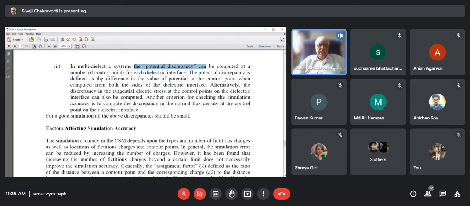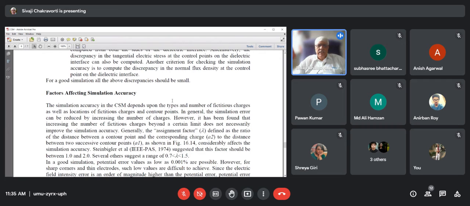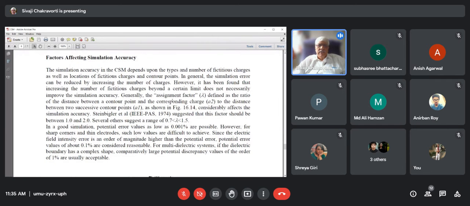After checking all of that, if we are satisfied, then only we say that our simulation is good. But if the simulation is not good, then what do we do? For that, we have to know what the factors are that affect simulation accuracy.